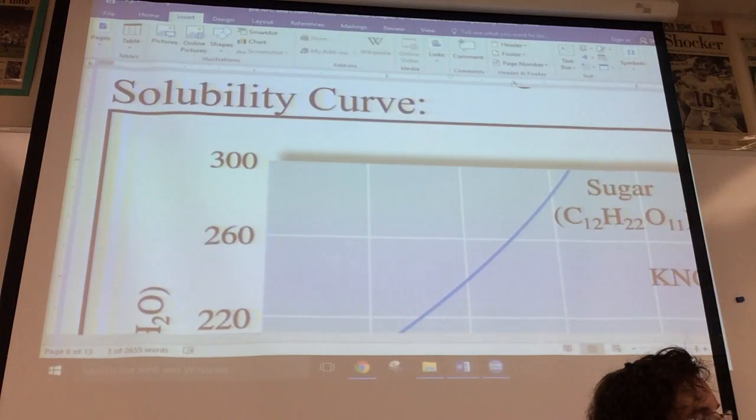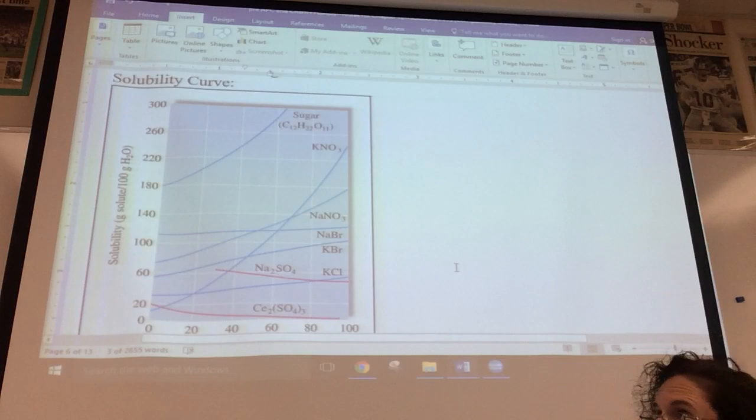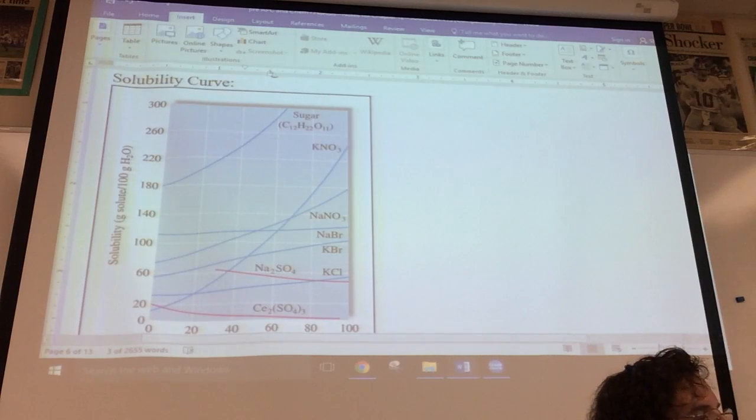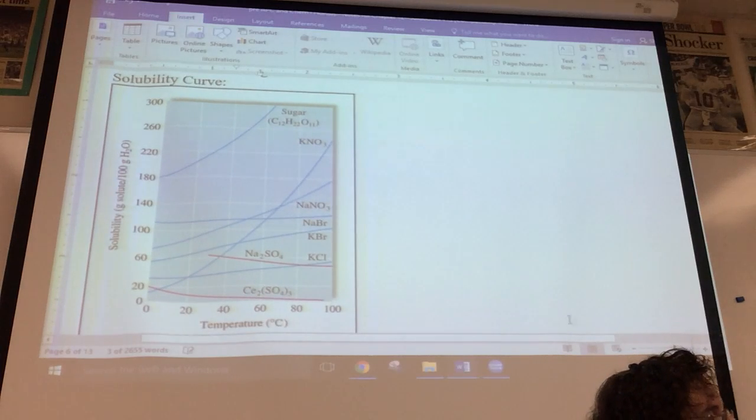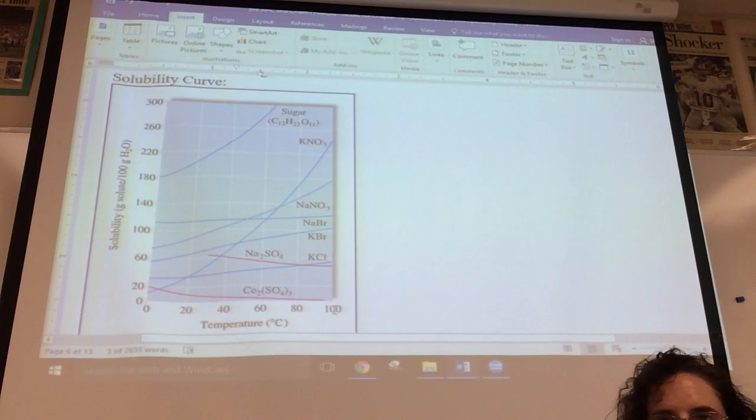The following is the solubility curve, and this solubility curve is similar to what I drew for you. Here's your solubility on the y-axis and your temperature on the x-axis. What's the difference between the blue and the pink lines?